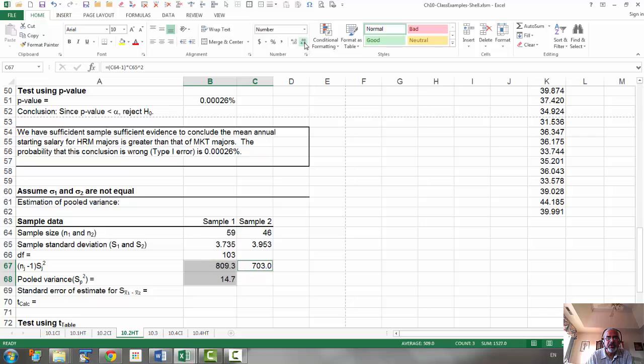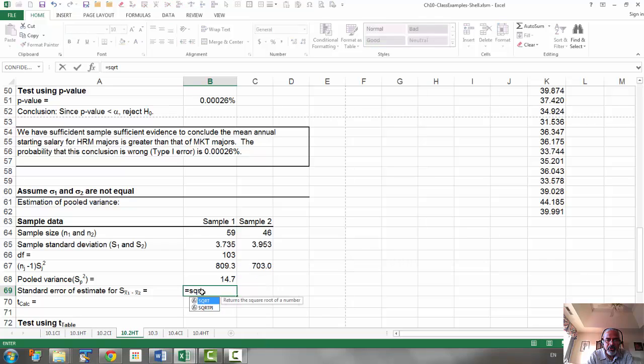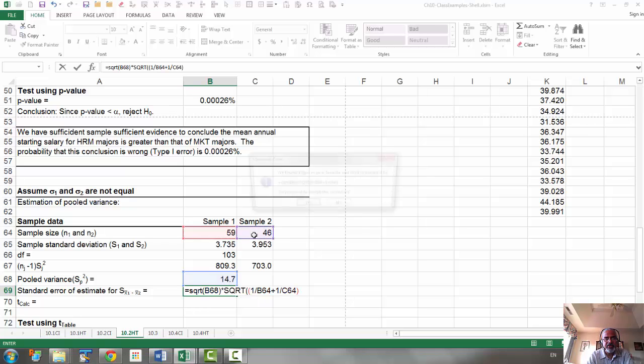So these are the computations for the pooled variance estimate. Now for standard error, you start with the square root of the pooled variance, so convert that into a standard deviation, and then you multiply by the square root of 1 over the first sample size plus 1 over the second sample size.